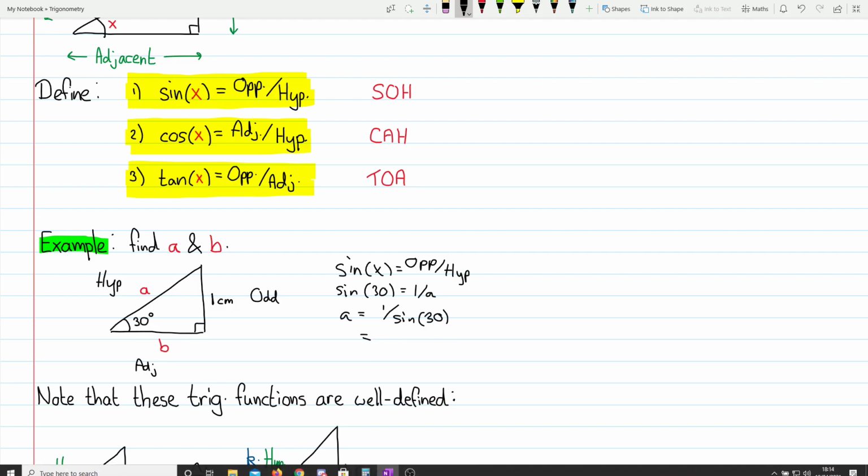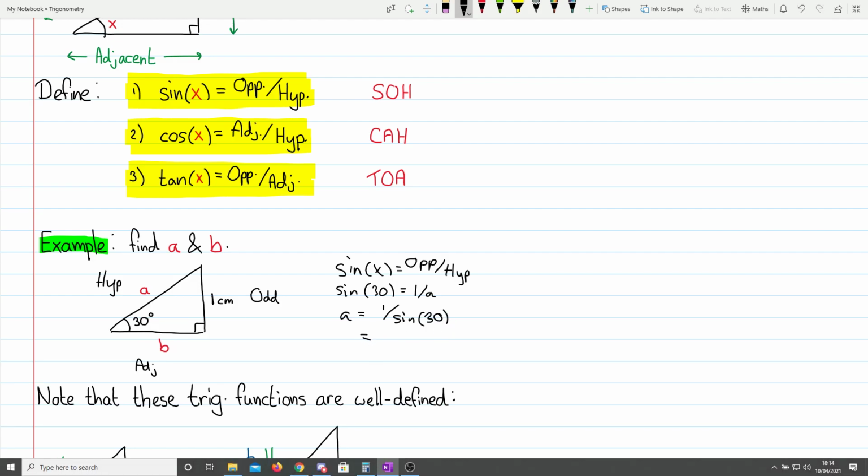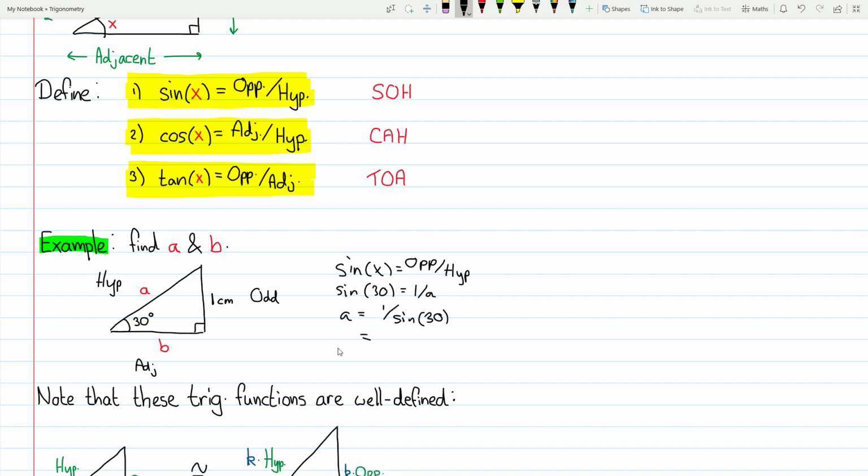And then we can plug this into our calculator. 1 divided by sine of 30. And this is just a length of 2.